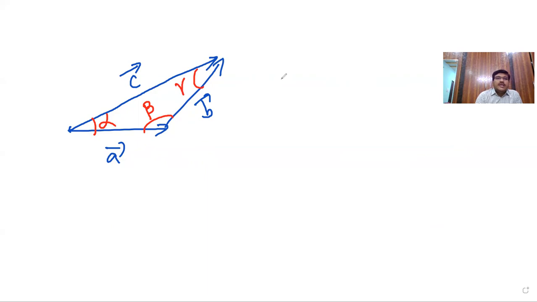Then according to the sine rule, the magnitude of the a bar vector divided by the opposite angle, sine gamma.